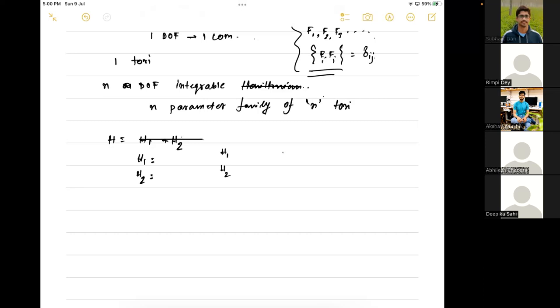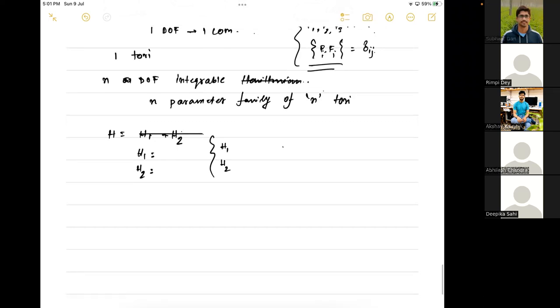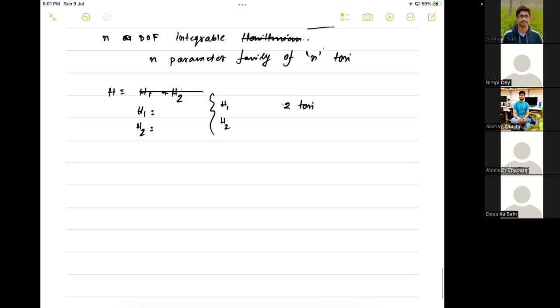They are not talking to each other and they are independent. So in this case, two uncoupled harmonic oscillators, a 2 degree of freedom system with 2 constants of motion, it is an integrable Hamiltonian. In this case also, the phase space will look like 2 tori. I will discuss the meaning of tori.